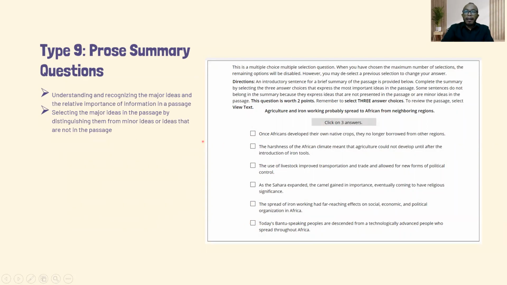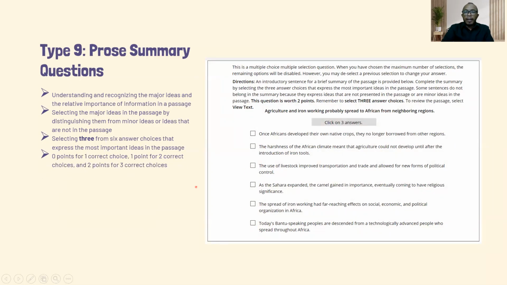And among the 3 correct choices, there will be other 3 either minor ideas or ideas that are not in the passage. So you again normally will have to choose 3 from 6.